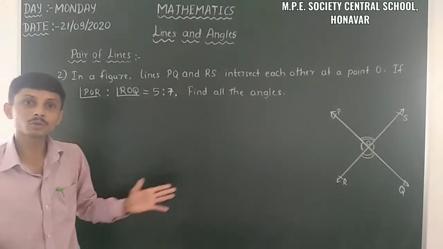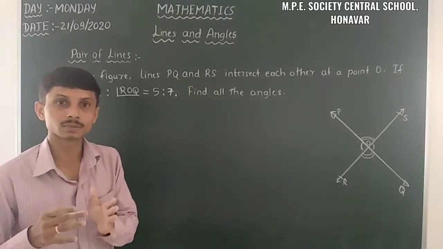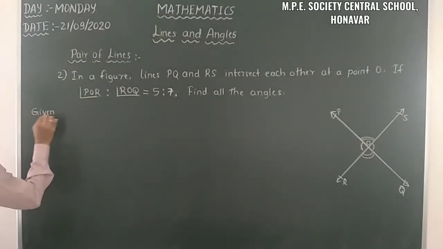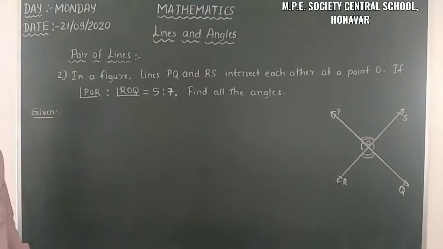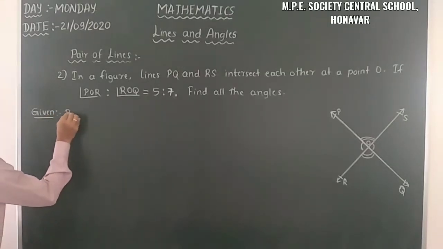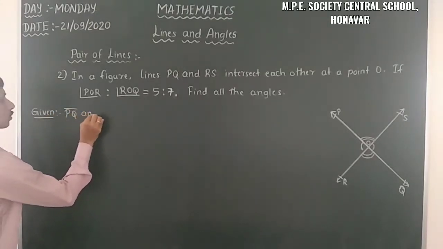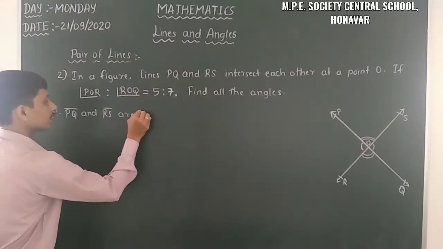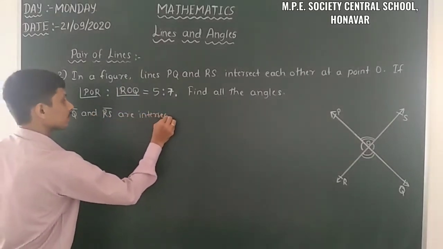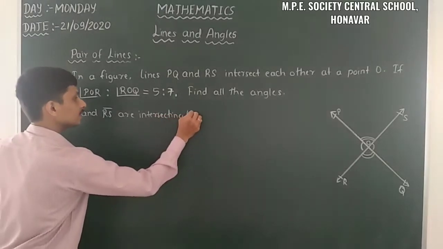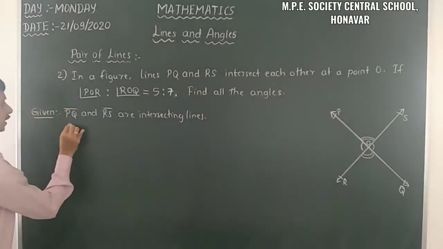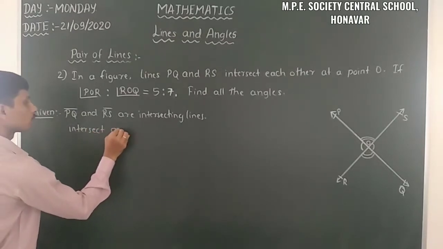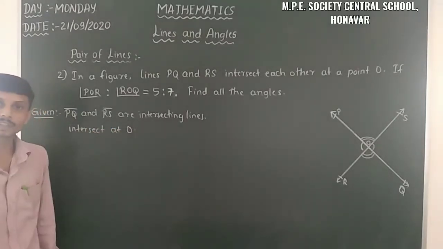So firstly we have to write the given things. What are the given things here? Firstly, PQ and RS are intersecting lines, intersecting at O. This is the first given term.